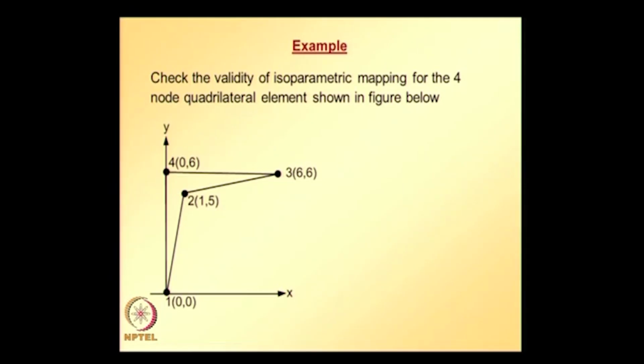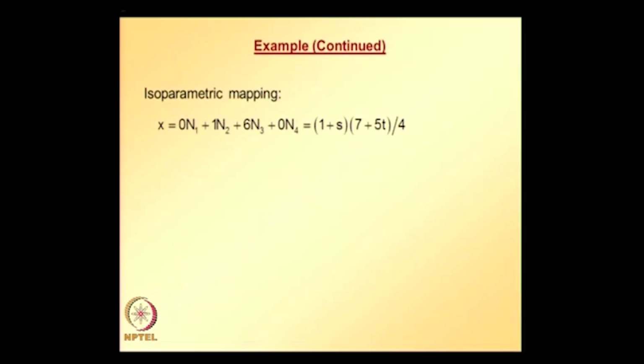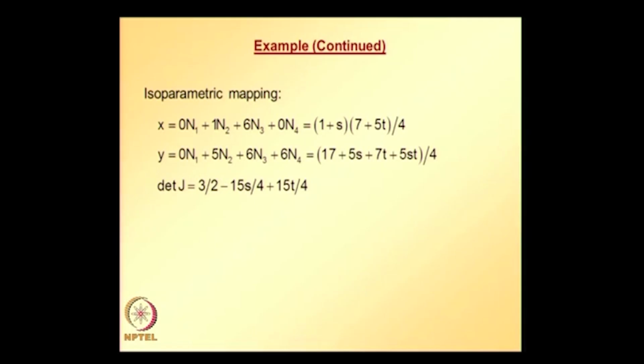So, we just make a note of all the x coordinates and y coordinates of all the nodes of the element, x1 to x4, y1 to y4, and using parent element shape functions, that is shape functions corresponding to a 4 node element in parent coordinate system S and T, and using these coordinates x y of all the nodes, we can write isoparametric mapping x in terms of S and T, y in terms of S and T. Once we get these two expressions, we can easily take partial derivatives with respect to S and T, and we can find what is determinant of J, and determinant of J is given by this.